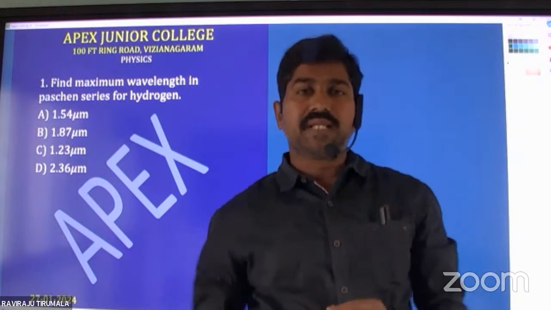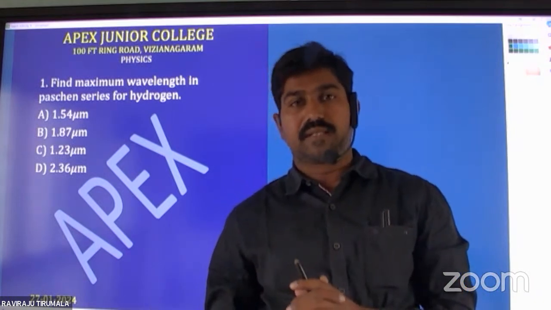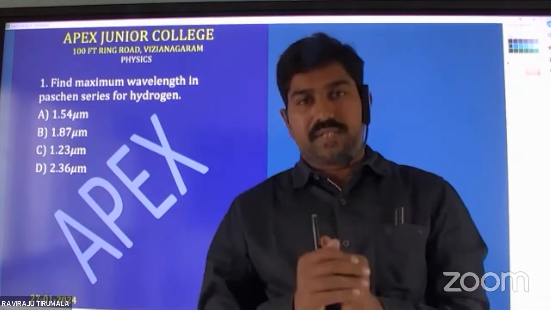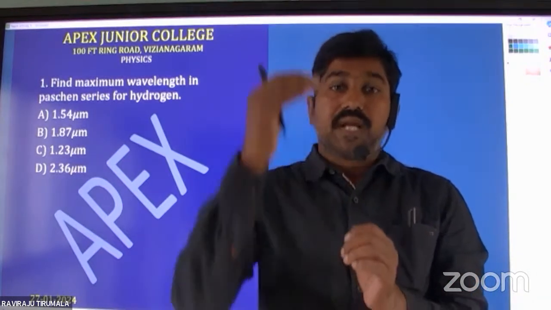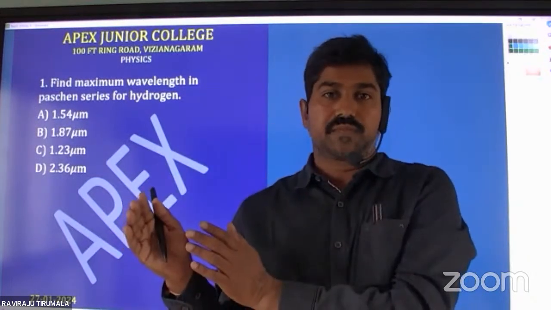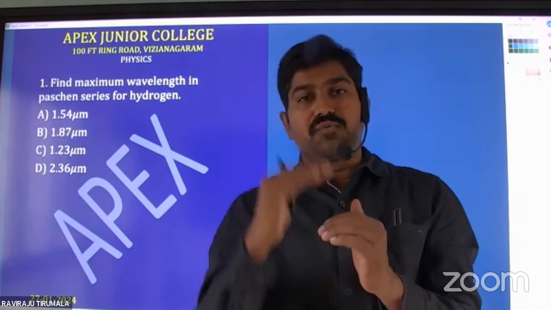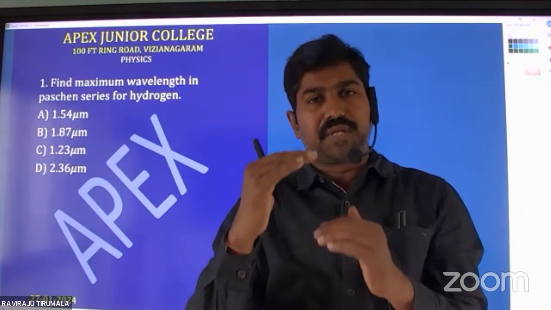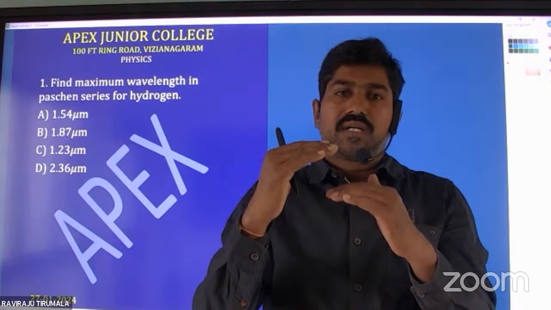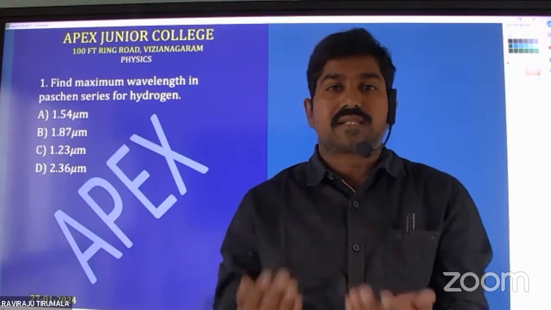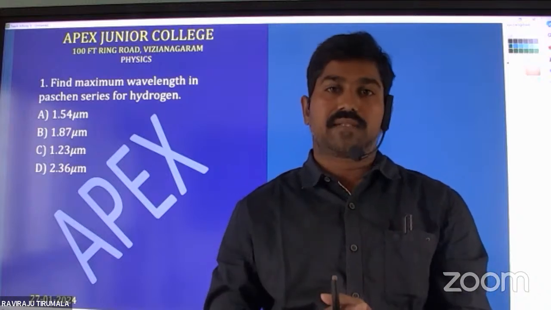Now, I will explain the importance of all these series. When electrons are in different orbits, when they jump from higher orbits to lower orbits, they release some energy. So when they jump from second to first, or third to first, or fourth to third, in different cases of jumping between two energy levels, they release energy of different frequencies and different wavelengths.